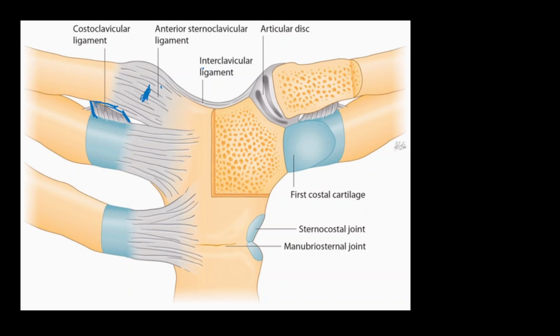Here we can also see the interclavicular ligament, which joins both the left and the right clavicle together. Okay, so the ligament runs from one clavicle to another, as we have here.